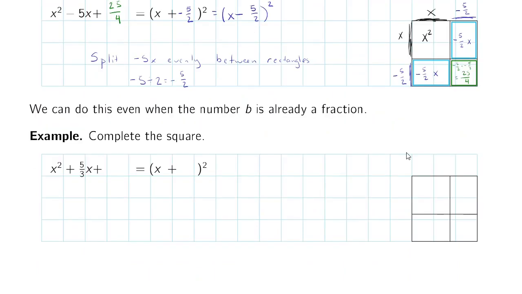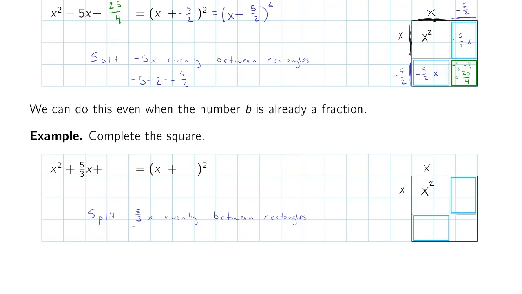But that's fine. So we'll start off, we have x squared plus 5/3 x, and we want to complete the square. So we'll start off with an x squared in the top left. Its side lengths are x and x. Now our two little rectangles, here and here, we want to split 5/3 x evenly between them.